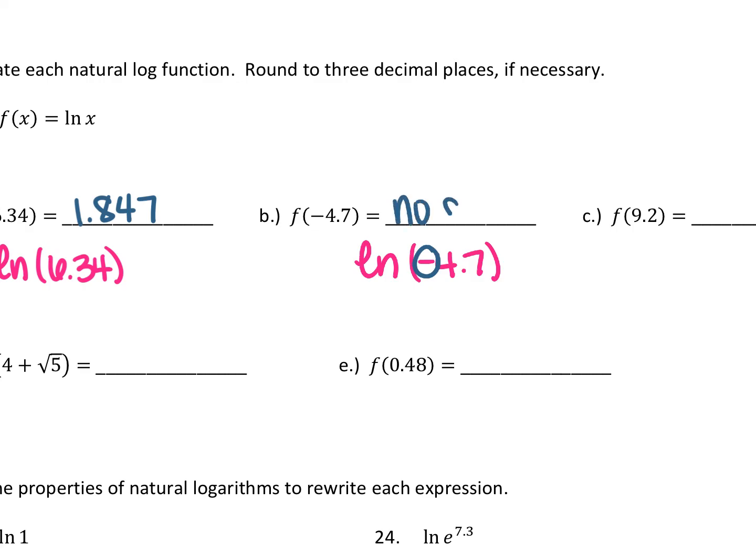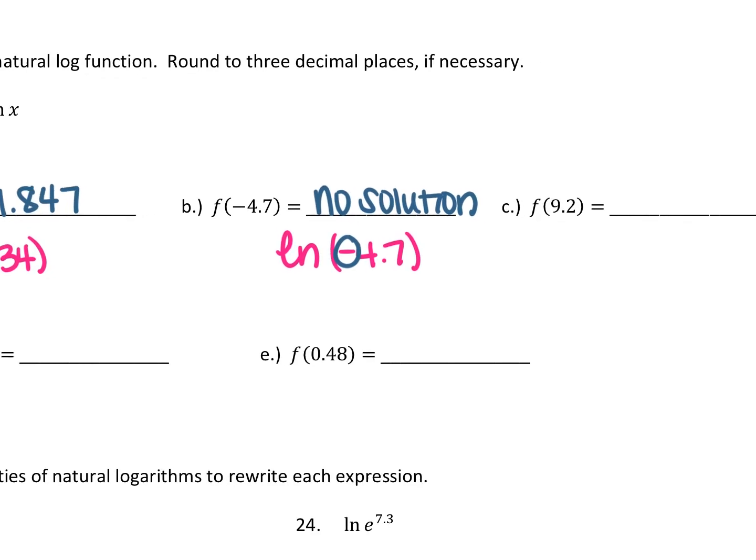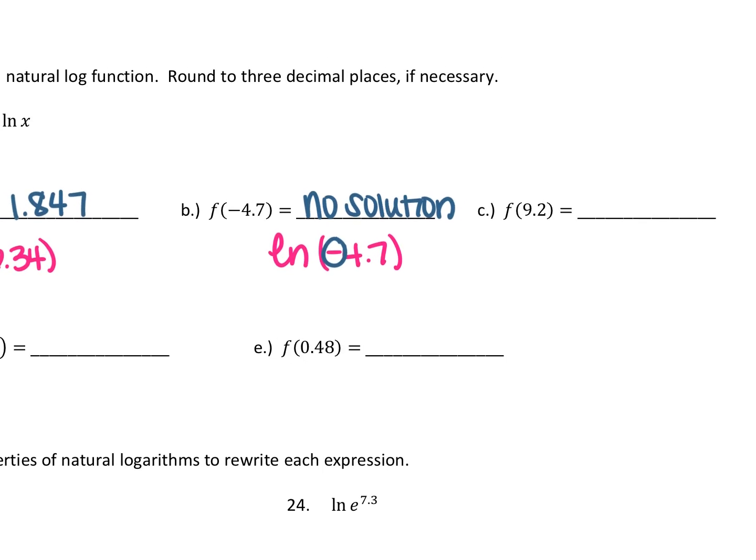You can just give me no solution. For something like C, where it's the natural log of 9.2, this is going to give you 2.219.